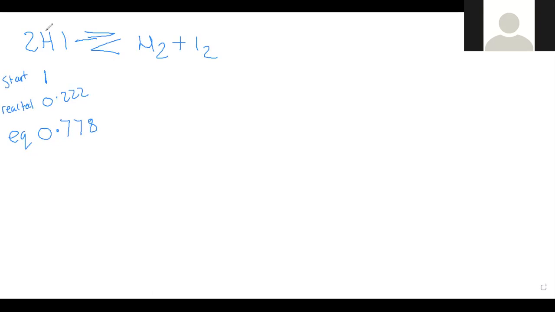So here we have it at a ratio of 2 to 1 to 1. If we talk this bit through, we know 2 moles of HI react to make 1 mole of H2 plus 1 mole of I2.